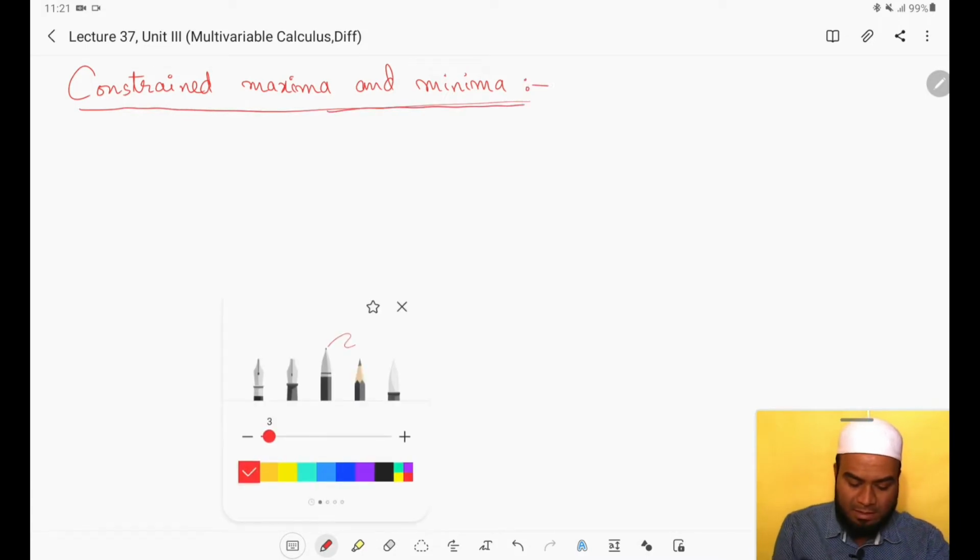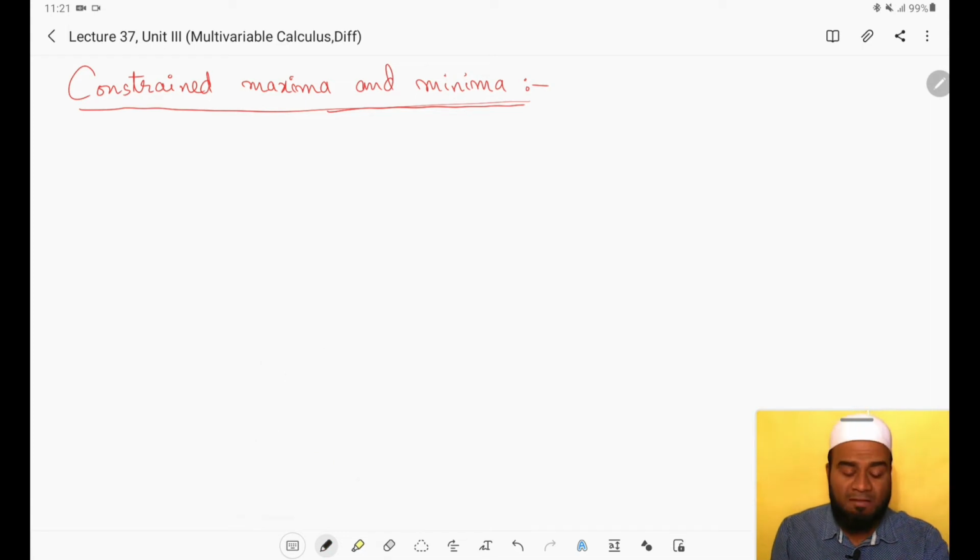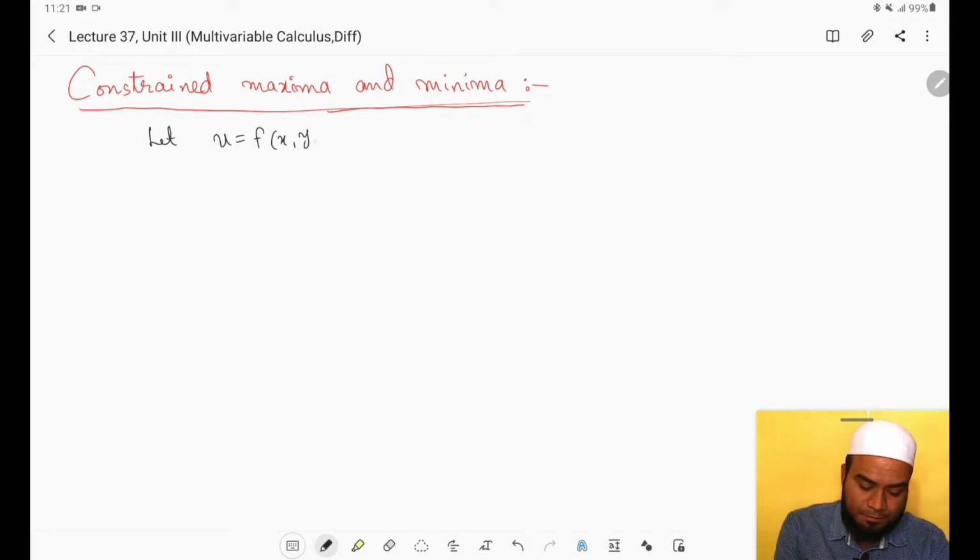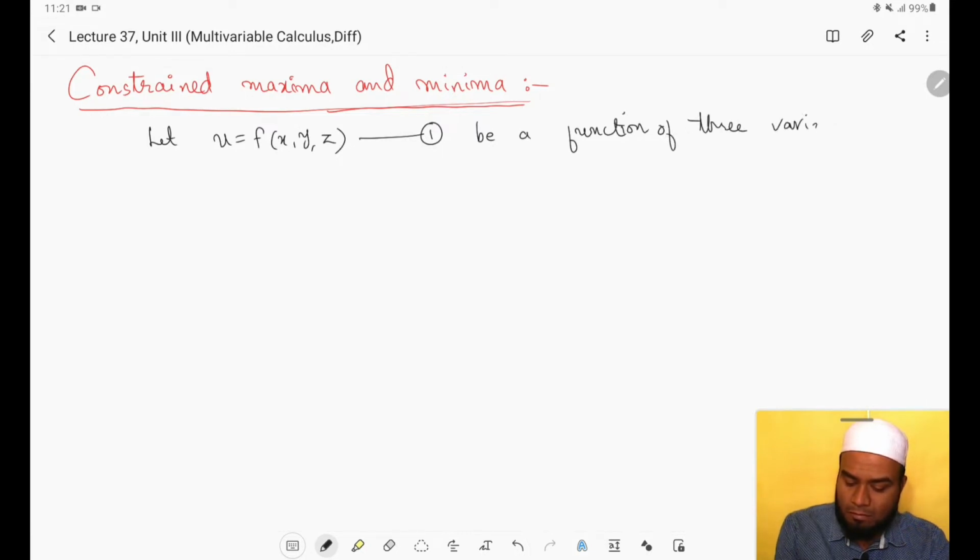Right, in this we will be having a 3 variable function. Let u equals to f of x comma y comma z, consider this as 1, be a function of 3 variables. So I am having a function u which depends on 3 variables x, y, z.